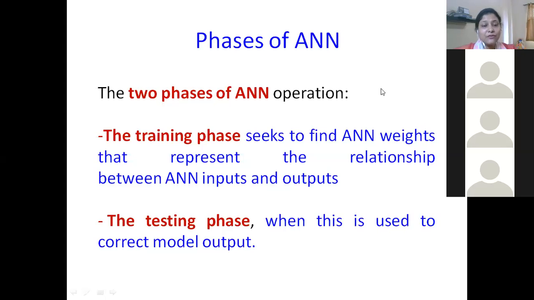In the testing phase, the artificial neural network is ready to find the correct output, which is the model output we desire. These are the two phases of artificial neural network, which we are going to highlight in the next slides.